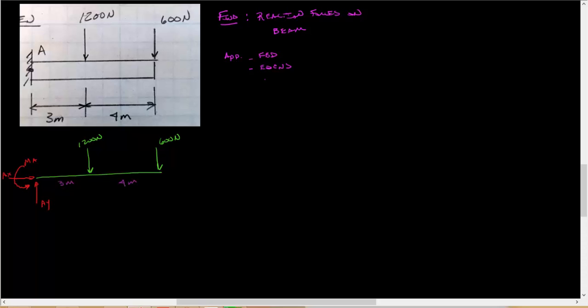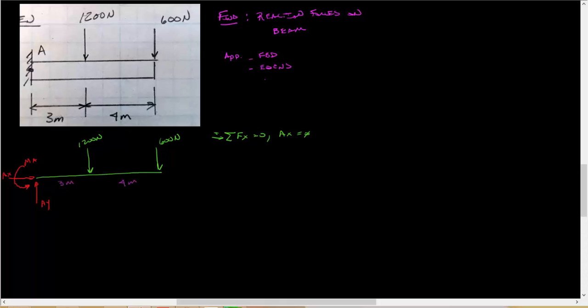So real quickly, let's make common sense: if I sum my forces in the X direction, what do I have? Nothing, I just have AX. Going to the right is positive, so AX is 0.